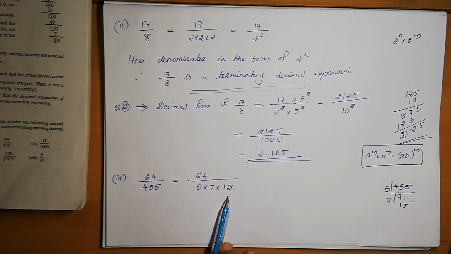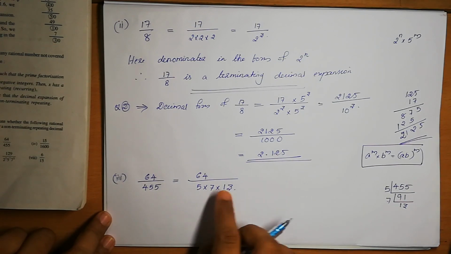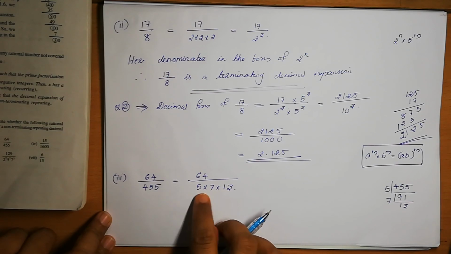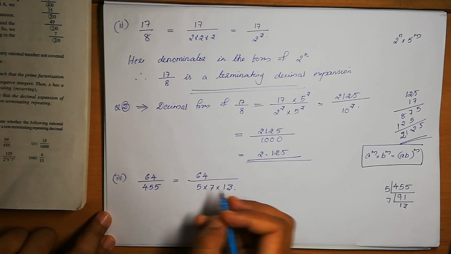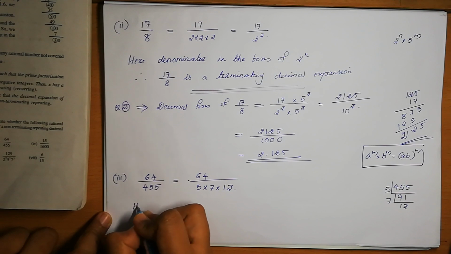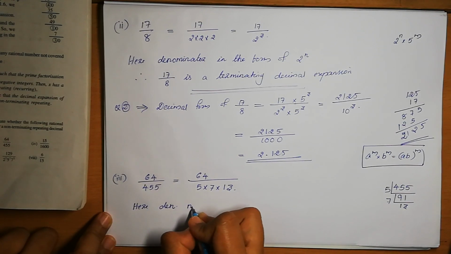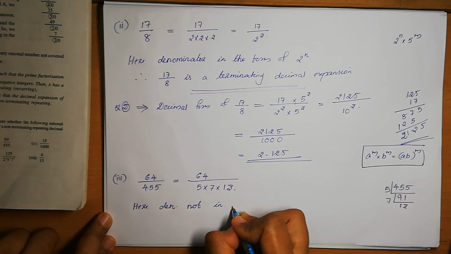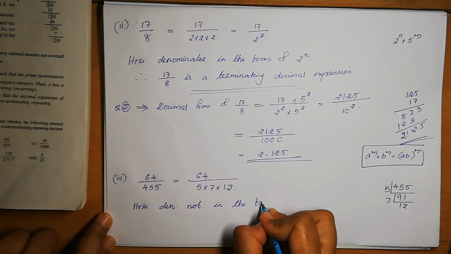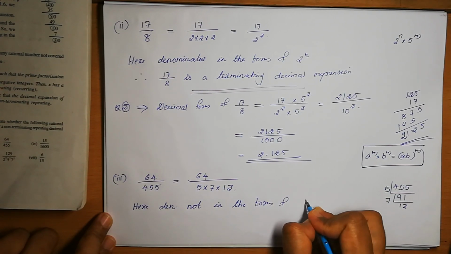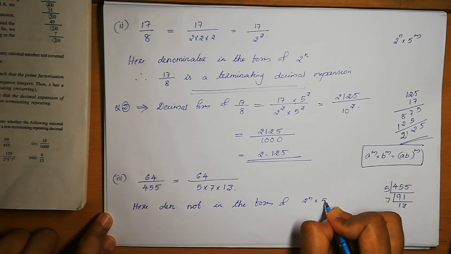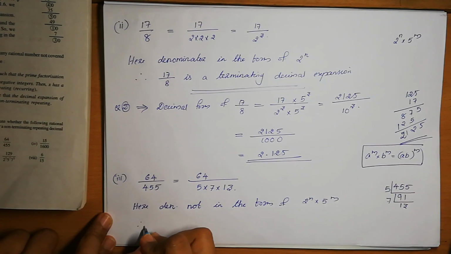That means the denominator is not in the form of 2 raised to n or 5 raised to m. That means the denominator has factors other than 5 and 2; 7 and 13 are there. So here we can write, the denominator is not in the form of 2 raised to n into 5 raised to m. Therefore, it is non-terminating.